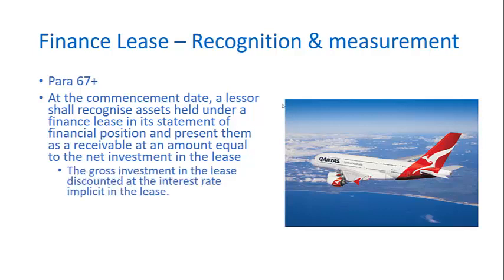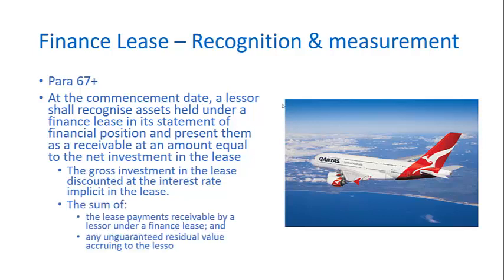And the net investment in the lease is the gross investment in the lease discounted at the implicit interest rate in the lease, and this is the sum of the lease payments receivable by the lessor under a finance lease and any unguaranteed residual.